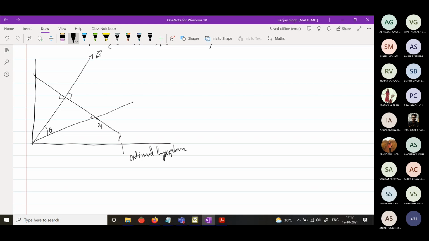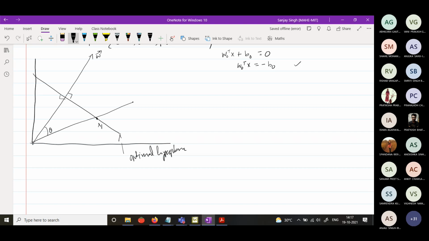But before that, we know that for this decision boundary, if w0 transpose x plus b0 is there, this value comes out to be 0. It means w0 transpose x equals minus b.